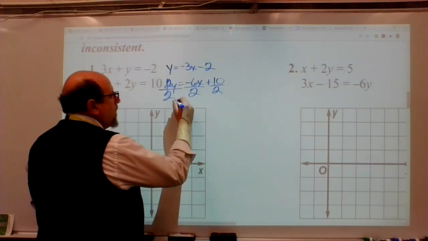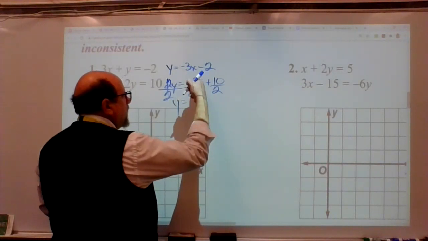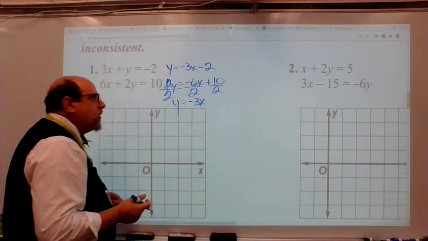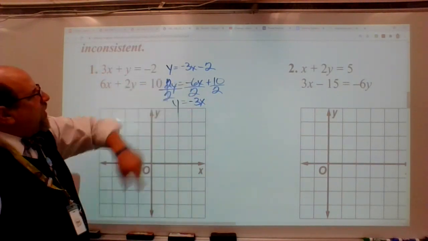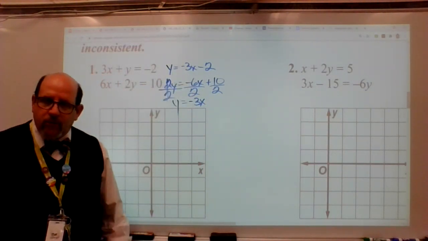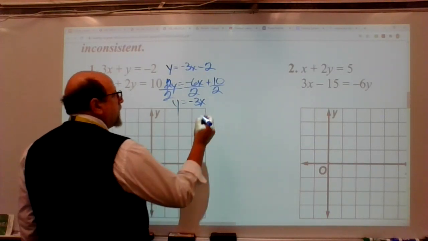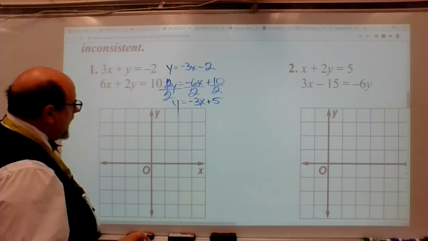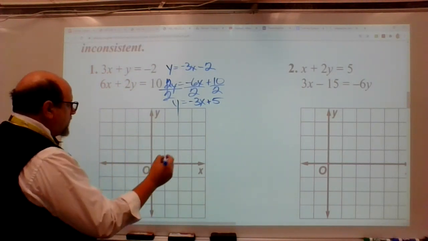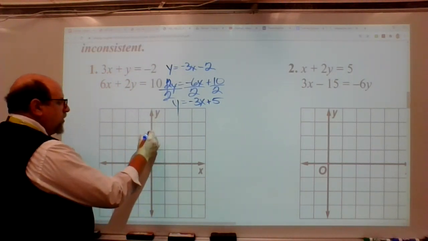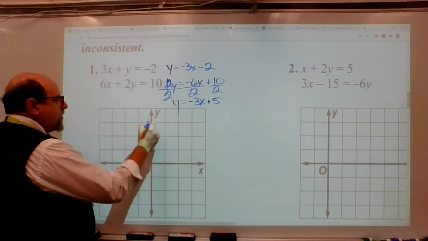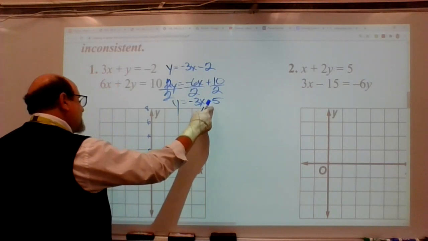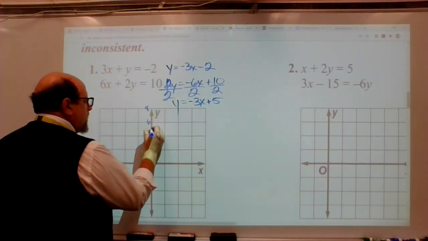So divide that by 2, we get y equals negative 6 divided by 2 is negative 3x. Oh my gosh. Look at that. They have the same slope. We'll get to that in a minute. Plus 5. I'm going to have to go by 2s: 2, 4, 6, 8. See? Got a y-intercept of 5.